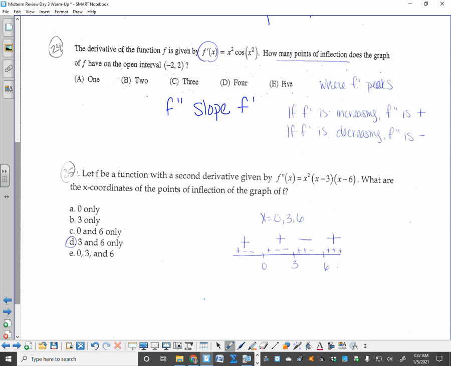And so if I want points of inflection, I want where f double prime equals 0, because that's where the concavity is going to change. So that's going to be at peaks and valleys or humps of f prime. So that's where I put where f prime peaks.